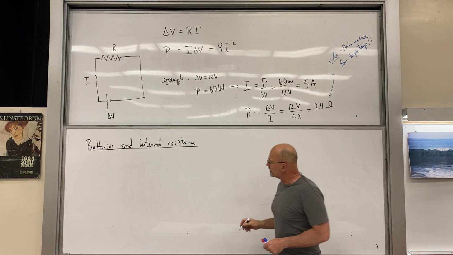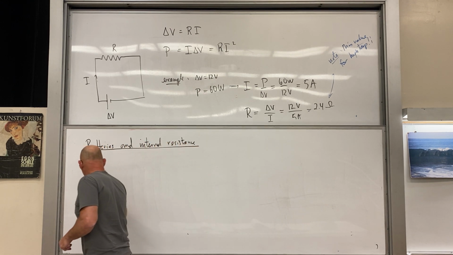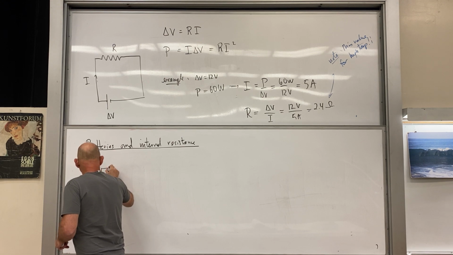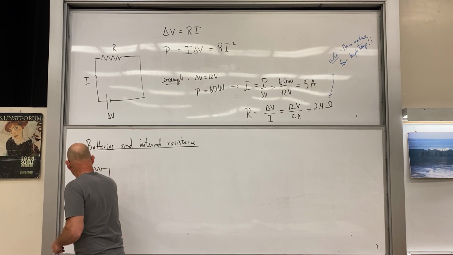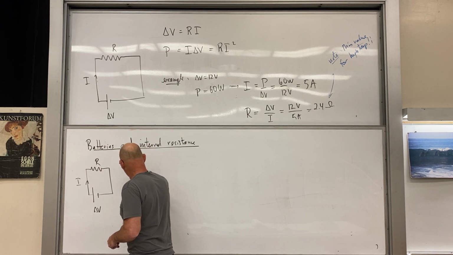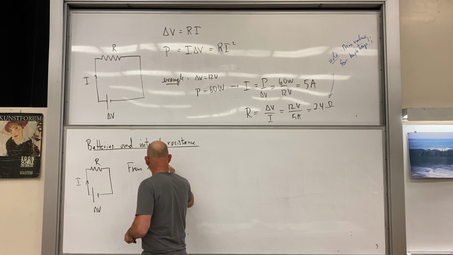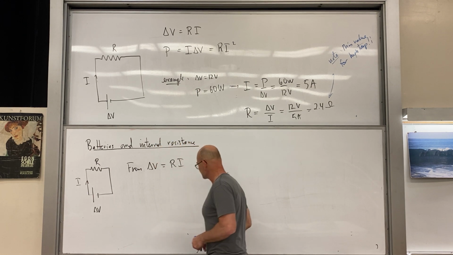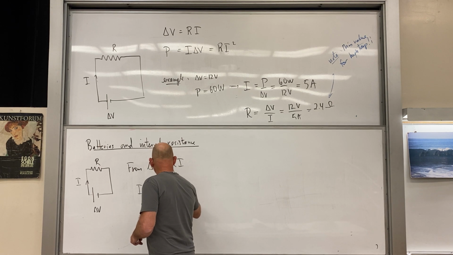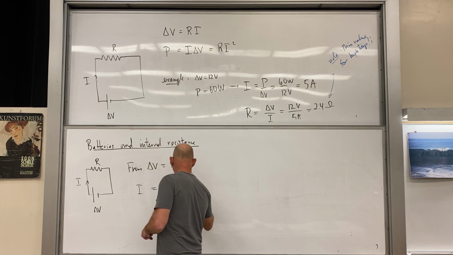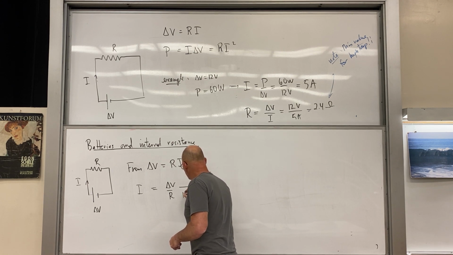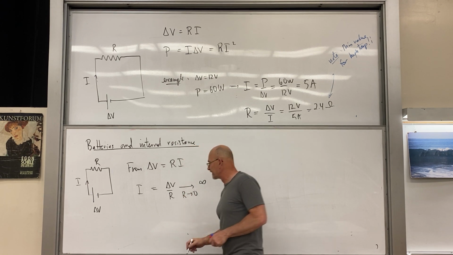So the very simple case here, redrawing this, delta V, there's our circuit, and I'll just say this, from delta V equal to Ri, I is equal to delta V over R, which goes to infinity as R goes to 0?